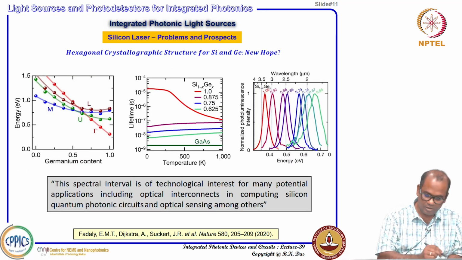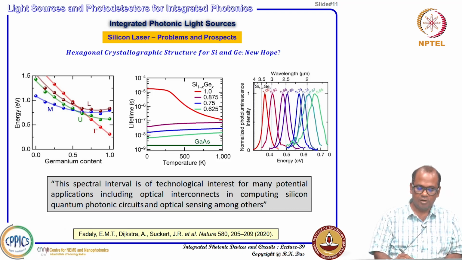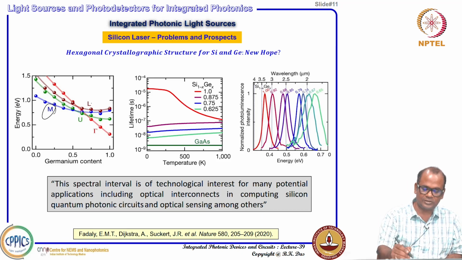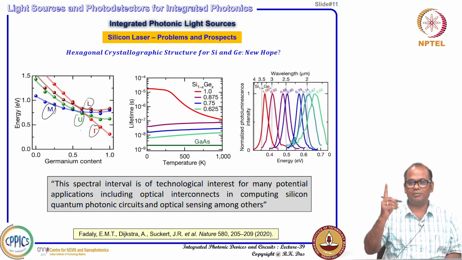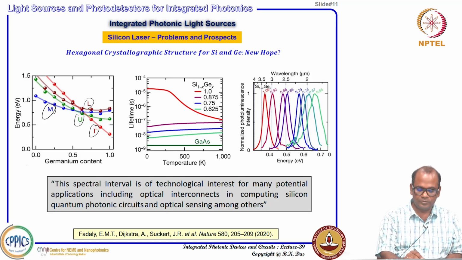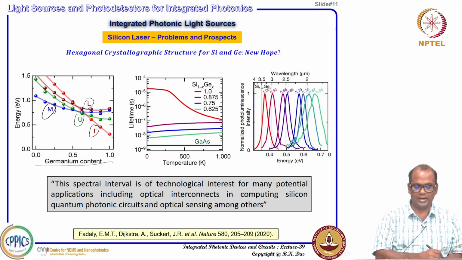So, if you see all these points, these are the valley points: M valley, L valley, U valley, gamma valley in the conduction band. If you increase your germanium content, the gamma valley will be lowering down.